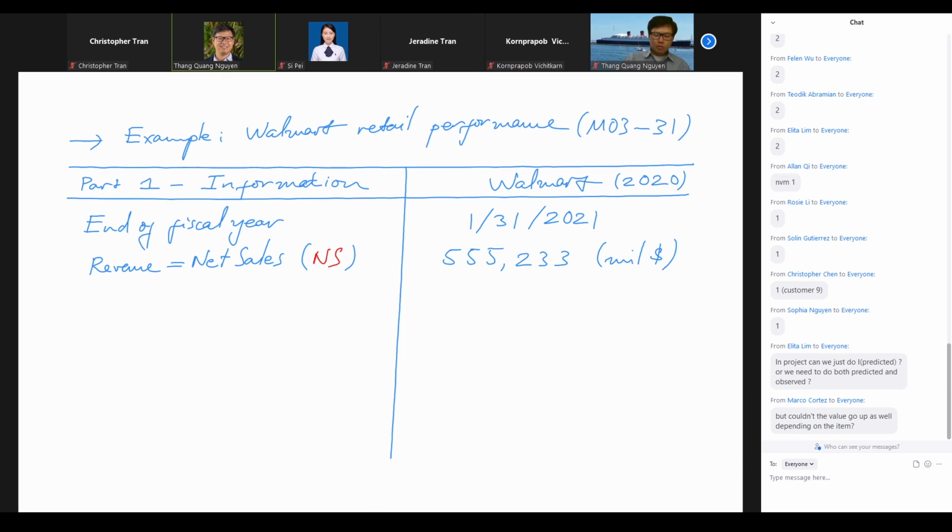The cost of goods sold, that's the next concept. Cost of goods sold, or the acronym for that is COGS, is $420,000 million.